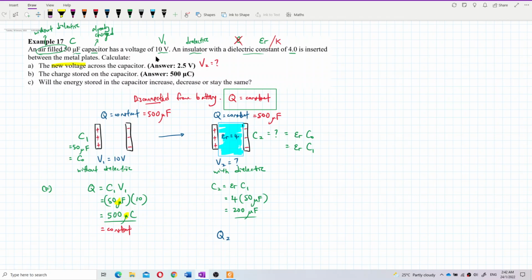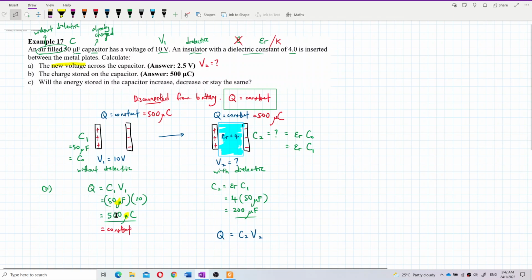Q, we can just put Q because the charge is constant, equal to C2 V2, Q equal to CV, right? We already have C2. We also have Q already, 500 microcoulomb. Sorry, mistake, this is coulomb. The initial charge and final charge are constant because it is disconnected from the battery.